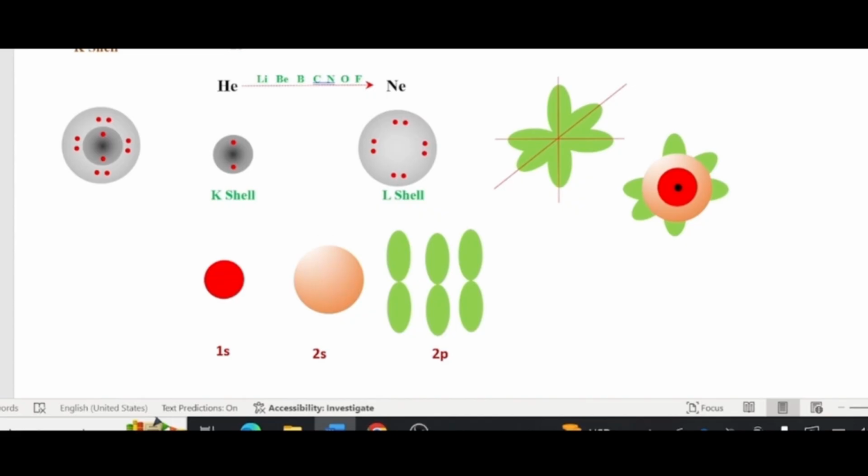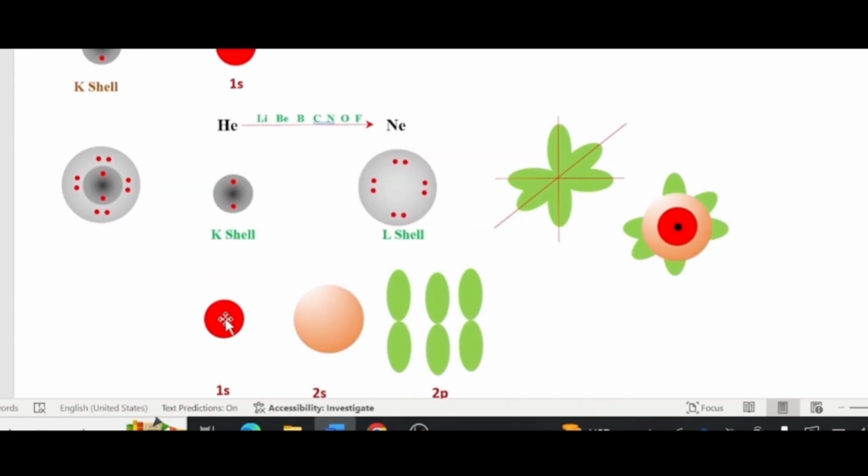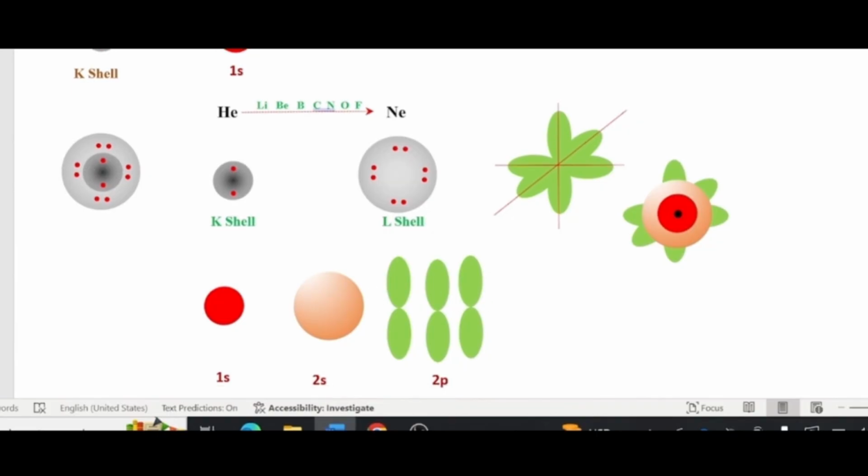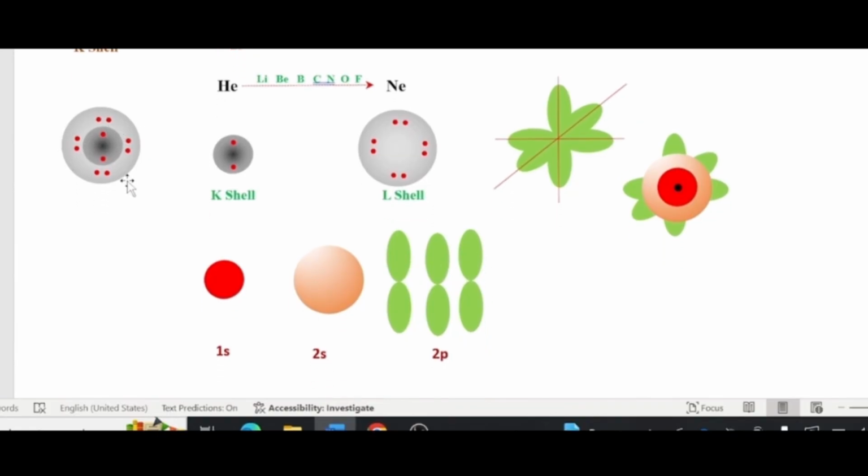So in the second shell, we are having two types of orbitals. We are having a spherical orbital that we call the 2s orbital, not in terms of number, but in terms of position. So you see, this first one here is found in the K shell, and this one here is found in the L shell. And also these ones here are there too.